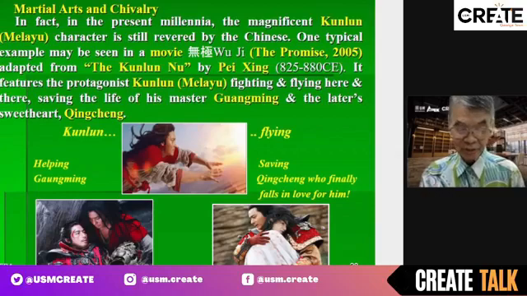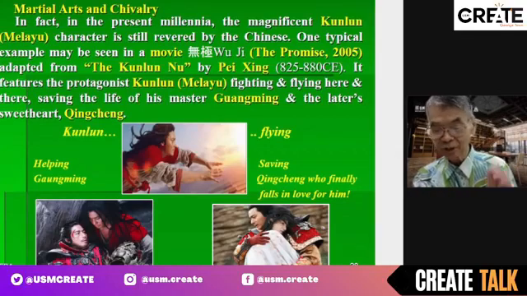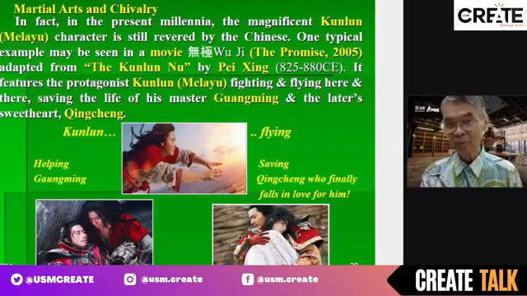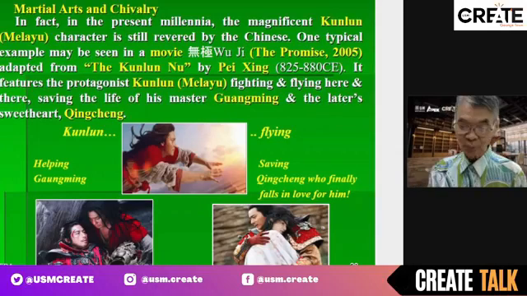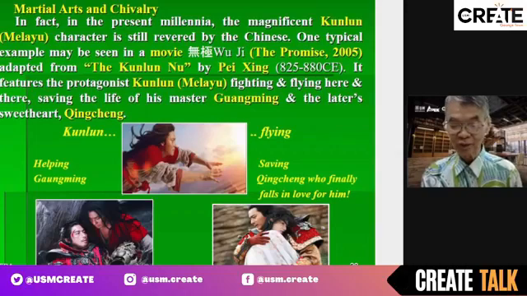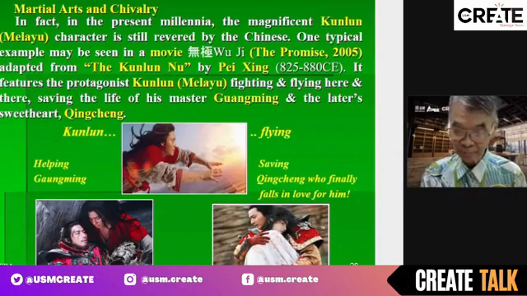The movie features the protagonist Kunlun. The name is now changed from Malay to Kunlun. I'm not sure whether the producers were aware of the fact that Kunlun is Malay or not. Probably they are quite aware. That's the reason why, when they chose the main hero, they chose someone from Korea who has an appearance more or less like a Malay.